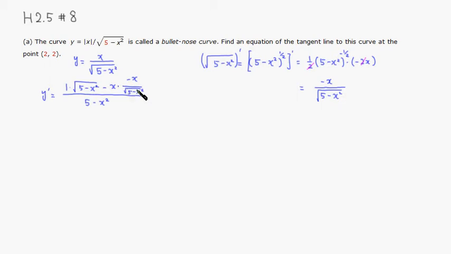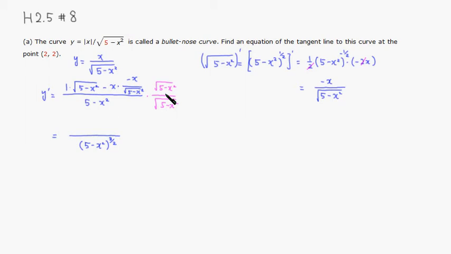I don't like to have a fraction inside a fraction, so I'm going to multiply the top and bottom by square root of 5 minus x squared. So you get 5 minus x squared to the first power on the bottom times the 1/2 power. You can combine them: 5 minus x squared to 1 plus 1/2, so the 3/2 power.